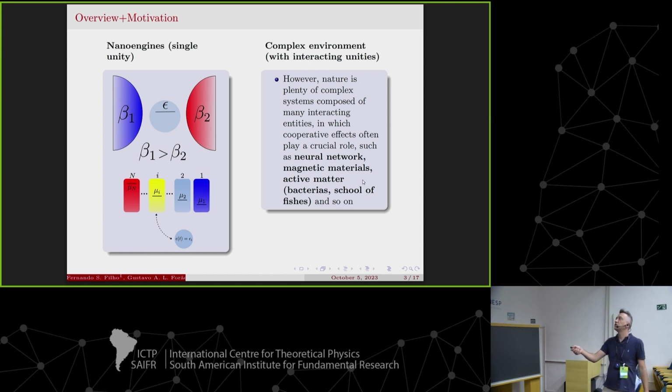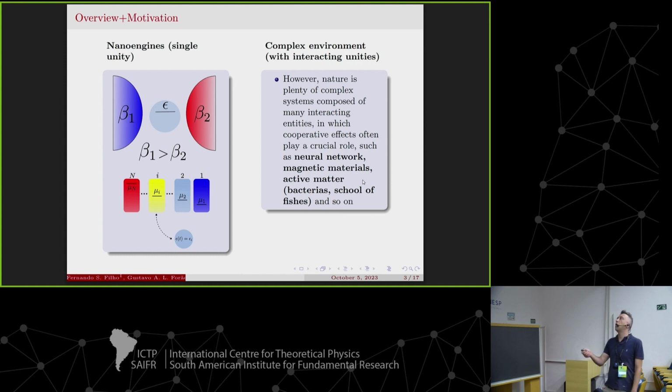It's placed in contact with two distinct thermal baths. The contact can be simultaneous, or at one time you place it in contact with the hot bath and at another time with the cold bath, or you can also promote a time variation of your parameters: energy levels, temperatures, and so on. This is the typical setup.